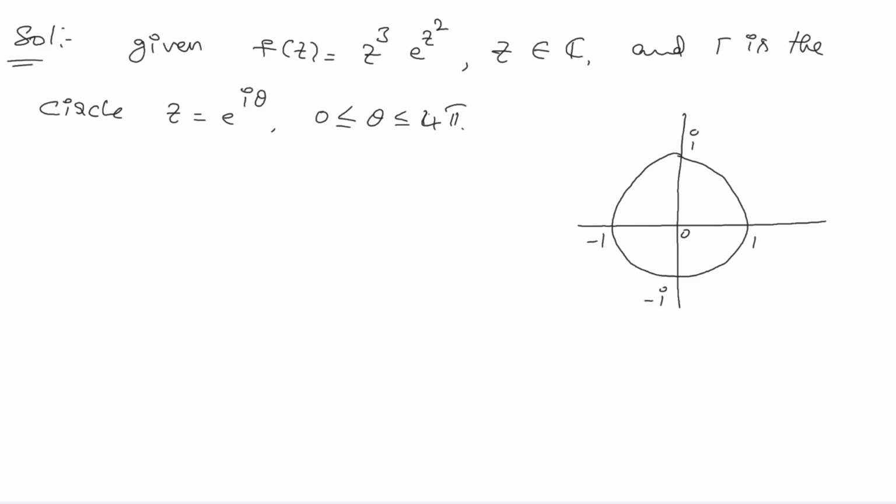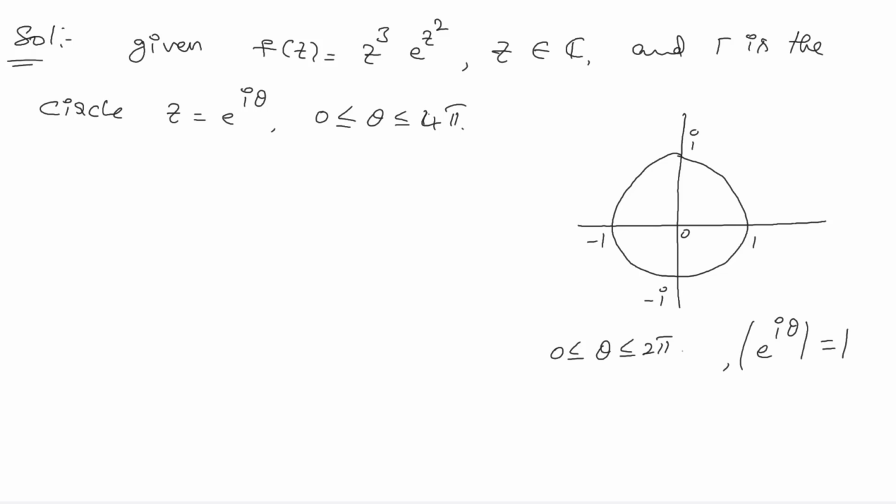So the curve gamma, when you run the values of theta from 0 to 2 pi, the circle you get is the same circle, where the modulus of e to the power of i theta is equal to 1.